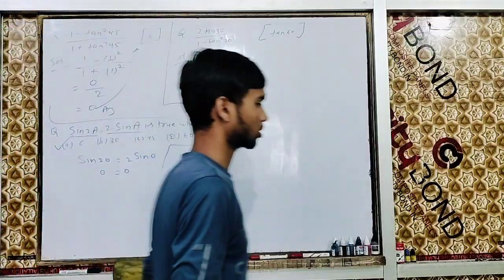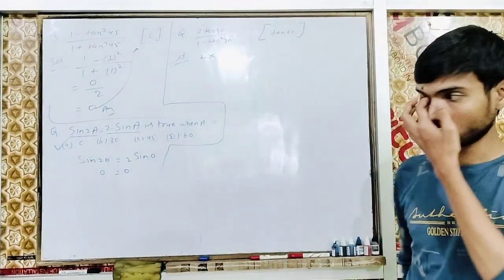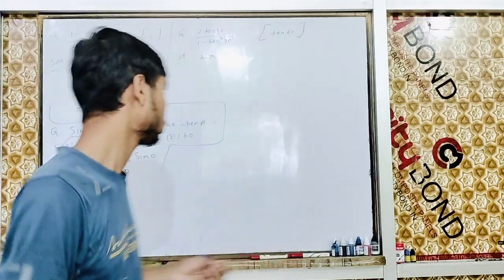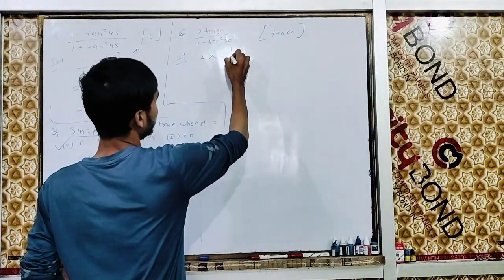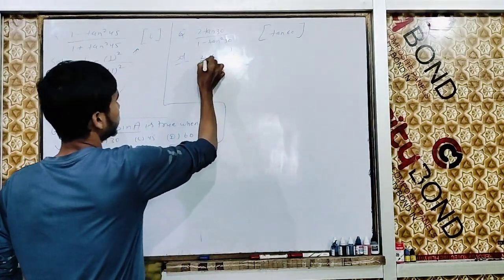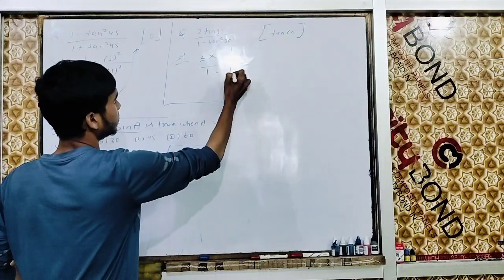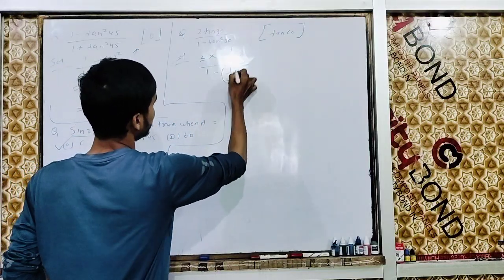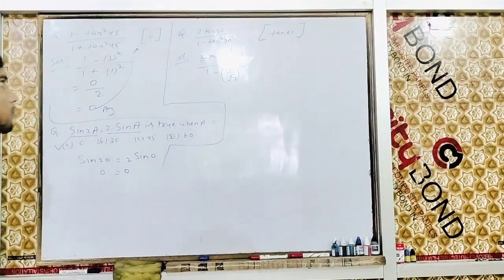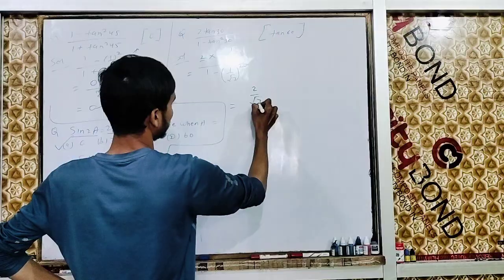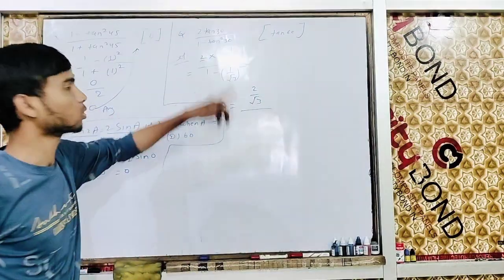Because sine gives you 1 by 2, suppose it would be 1 upon root 3. Then here we have 1 minus the same, but this is in a square. So 2 upon root 3.